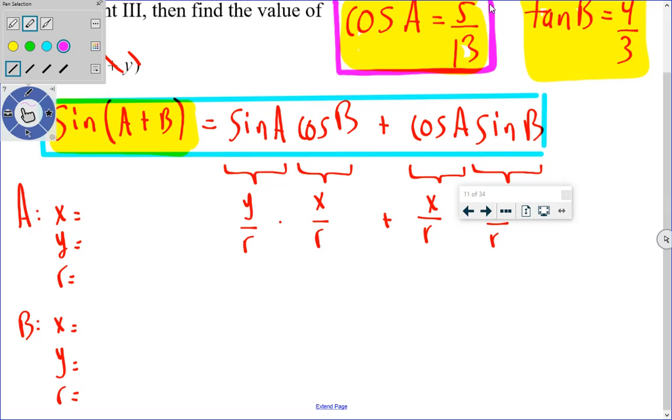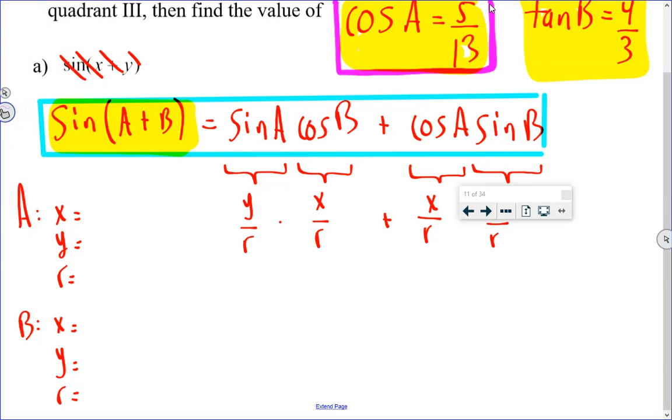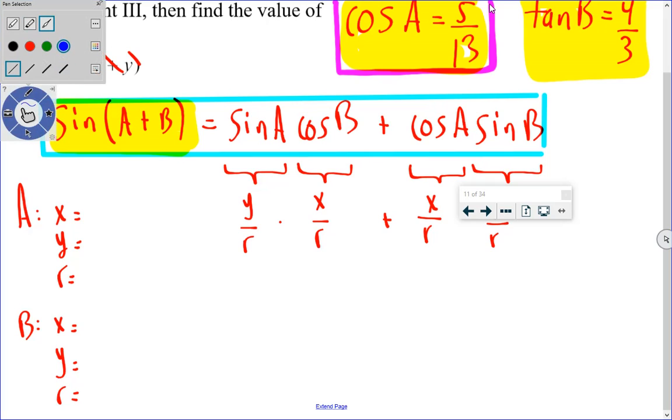Looking at that, that's a description relating to angle A, and it's cosine, which means that the 5 over 13 is x over r. That 5 over 13 has to be x over r, which means for angle A, x is 5 and r is 13.